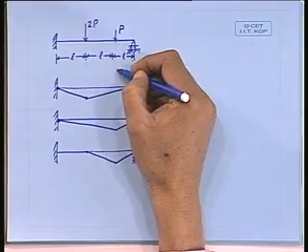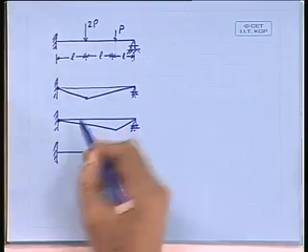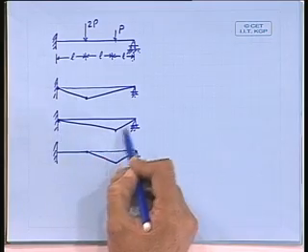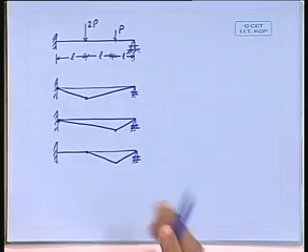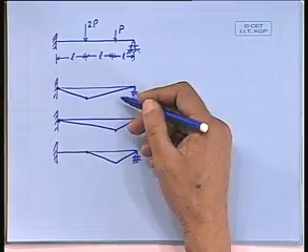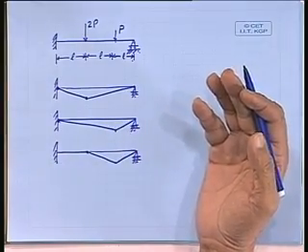Third one where we consider both hinges: one under this load, another under this load, and this remaining intact. So 2 plastic hinges and 1 physical hinge in each. Let us say that these are the 3 possibilities for the failure mechanism.